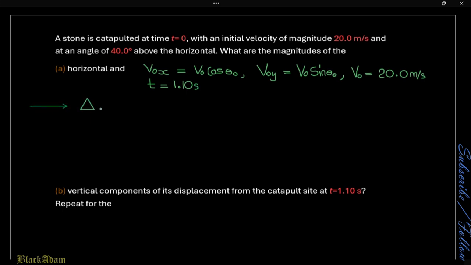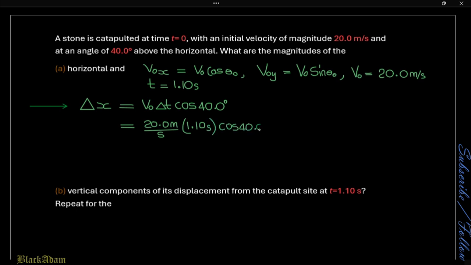So t is 1.10. The change in x, that's the distance, will be the initial speed multiplied by time multiplied by cos 40 degrees. Substituting the values, that's 20.0 meters per second multiplied by 1.10 seconds multiplied by cos 40 degrees.